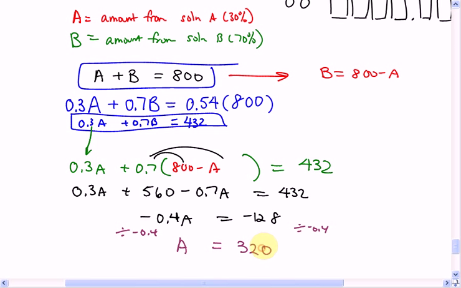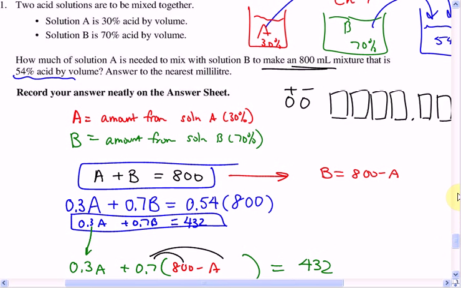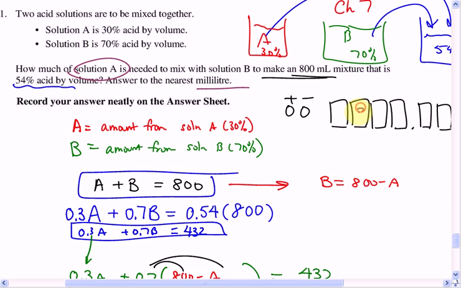320. So because the question here just said solve for A, I don't need to waste my time solving for B, although in class I always asked you to solve for both A and B. But because it says how much of solution A is needed, answer to the nearest milliliter, it's already nicely done. So I will just type in or write in 320, and please write the numbers nicely into your bubble sheet on your provincial exam.